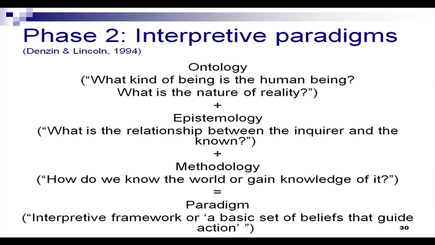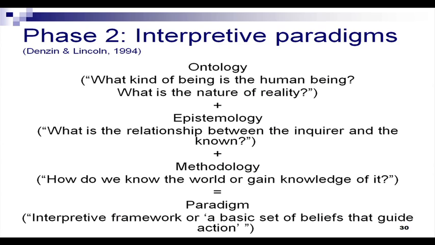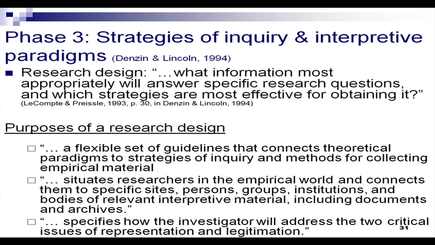We then move on to identifying the interpretive paradigms, and paradigms are a combination of ontology, what we are studying, epistemology, how do we connect what we know to how we intend to study it, and who we are, and then methodology, and how do we know the world, and all that constitutes a paradigm.